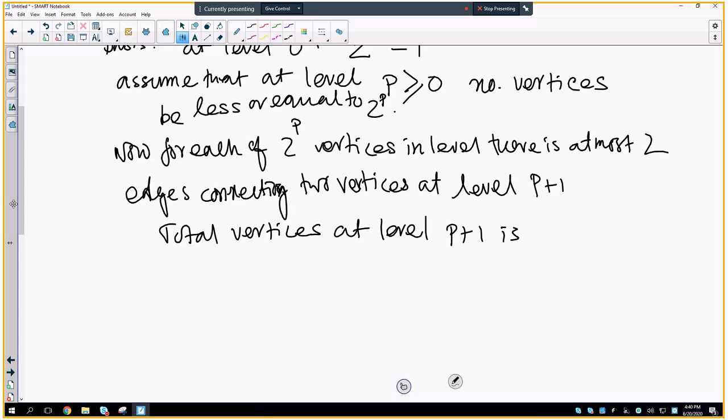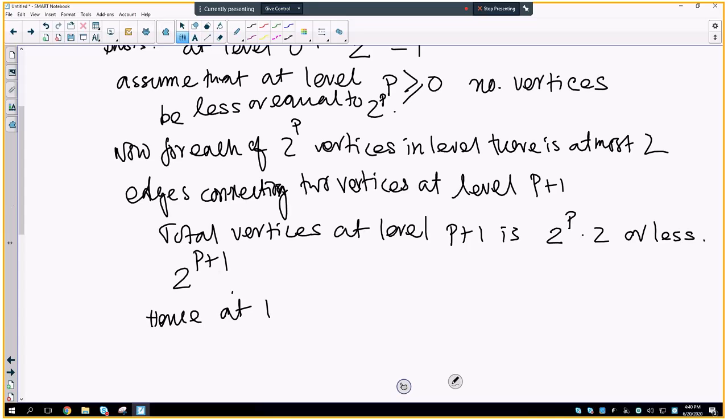It's going to be 2 to the power P times 2 or less, depending on how many vertices I have at the P level. So that is 2 to the power P plus 1, which ends the induction. I have assumed that the result is true for the Pth level and shown that the result is also true for the P plus 1th level. Hence the result is true for every level.